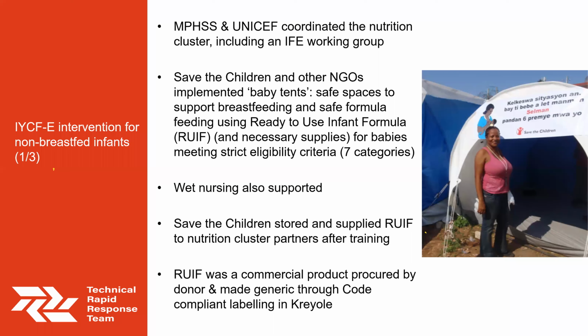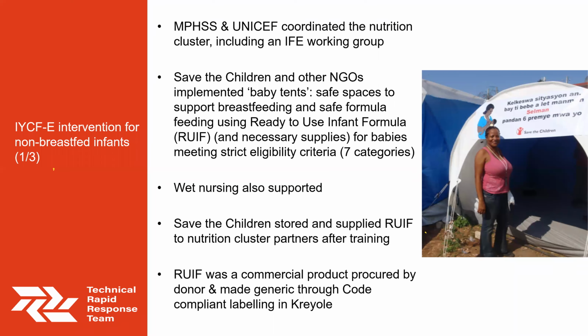Health and nutrition staff working in the baby tents were given technical training on breastfeeding and artificial feeding by skilled experts. This training included maintaining or re-establishing breastfeeding, relactation temporarily using the RUIF, minimizing the risks of using the formula among those meeting the criteria and being given it, and also encouraging and supporting wet nursing where that was possible.